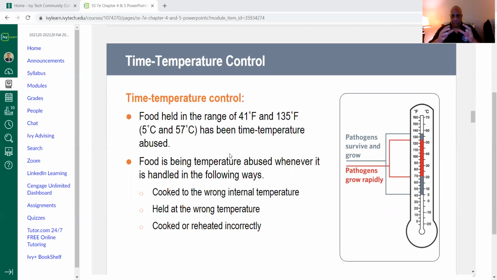That means the food is now part of the danger zone, and usually food grows the quickest between 70 and 125 degrees Fahrenheit. So food is being temperature abused when it is handled in the following ways: cooked to the wrong internal temperature, held at the wrong temperature, cooked or reheated incorrectly.